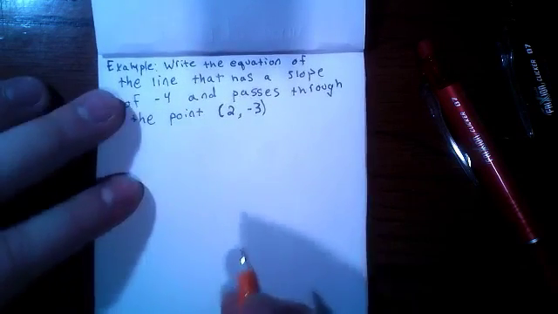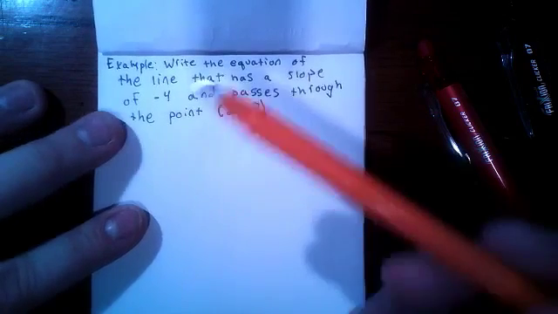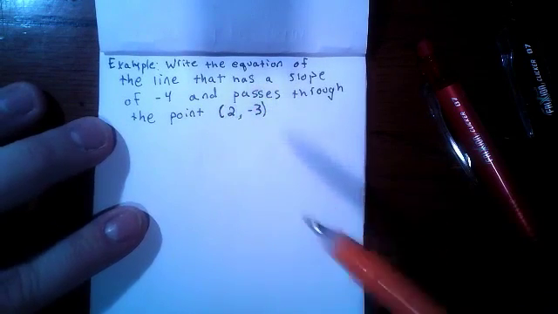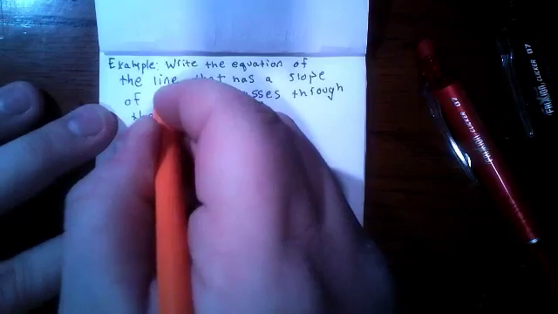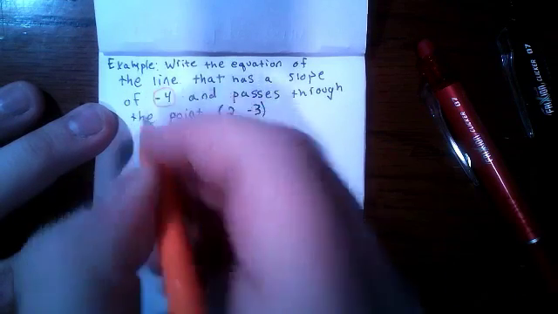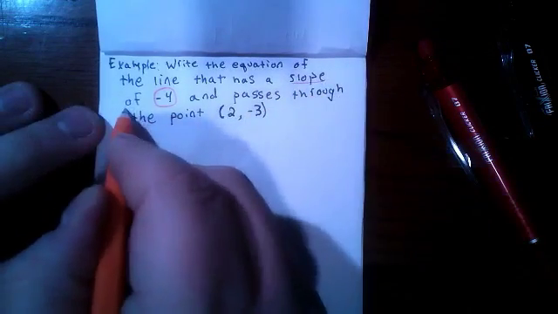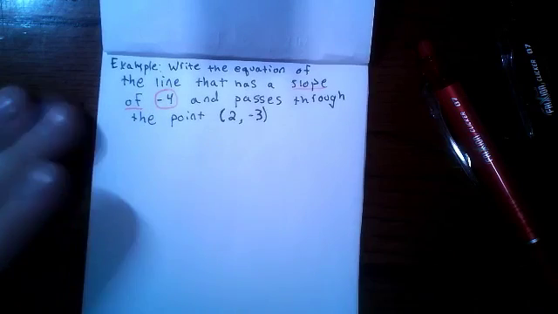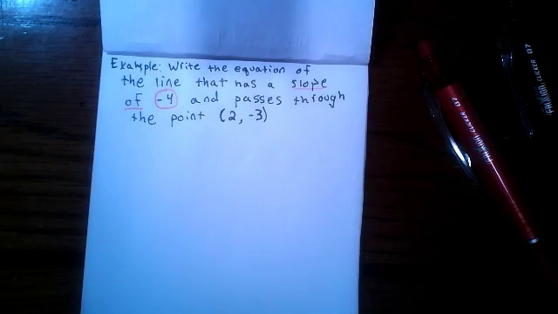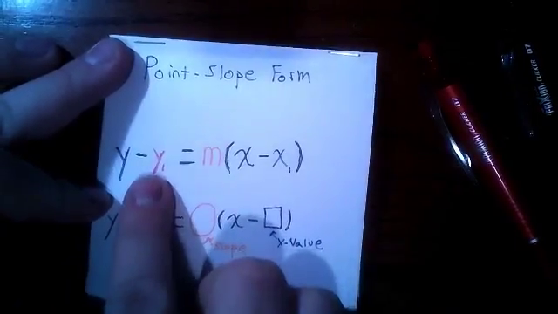So what I want you to do when you have an equation like this is, my slope for these videos, this entry is orange. So I'm going to go ahead and circle that my slope is -4, right? Slope of -4. And when I talk about point-slope form, I need an x value and I need a y value, which I'm given here.